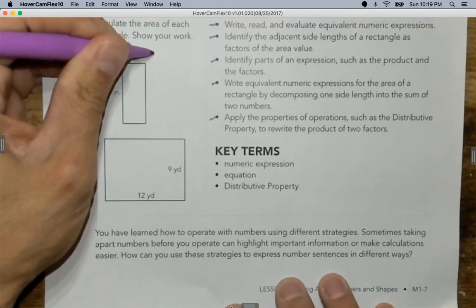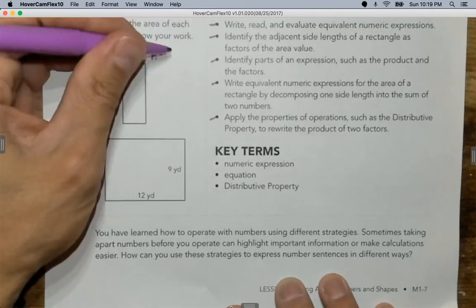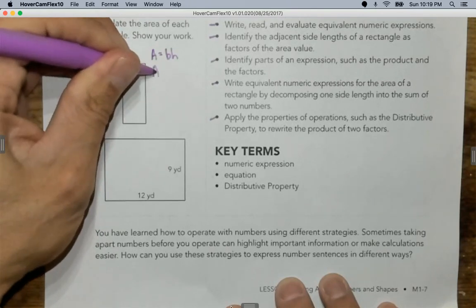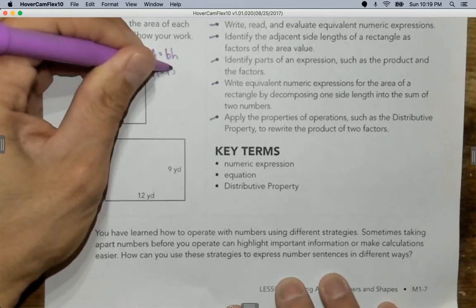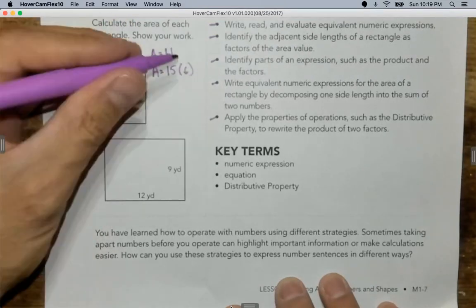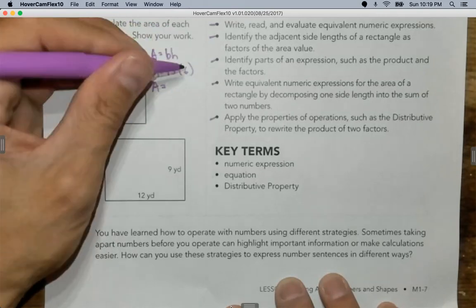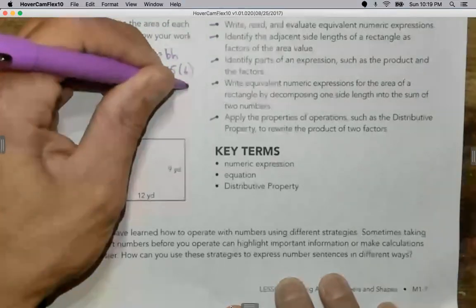And as we were starting, we knew that the area of a rectangle is length times width or base times height. In this particular example here, we would have 15 times 6. And if we do have 15 times 6, then we would get an area of 90 inches squared.